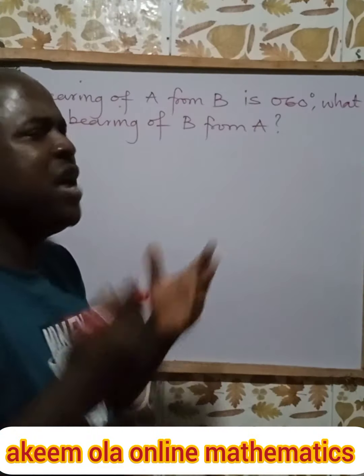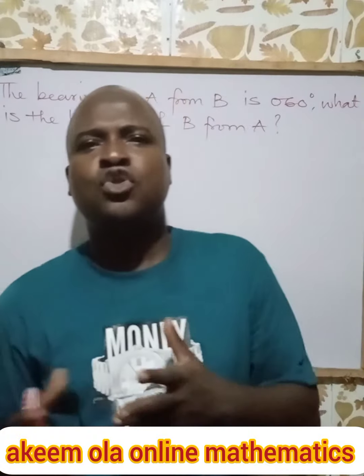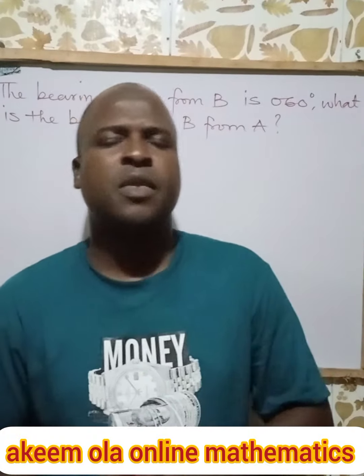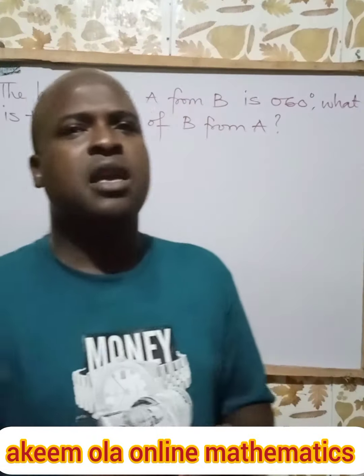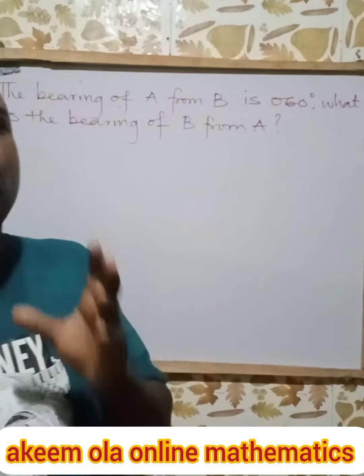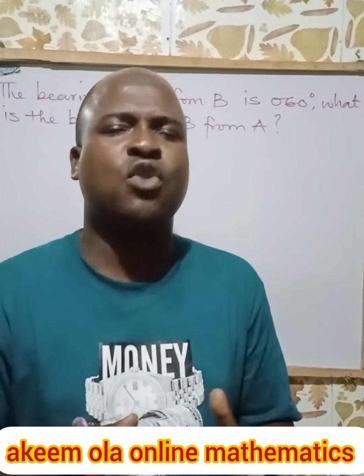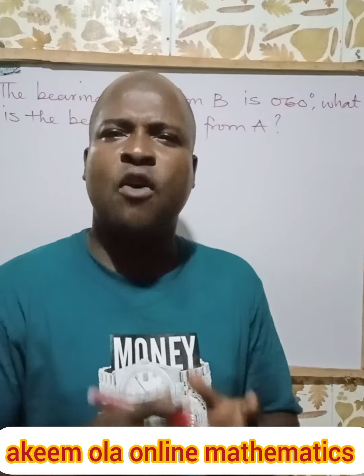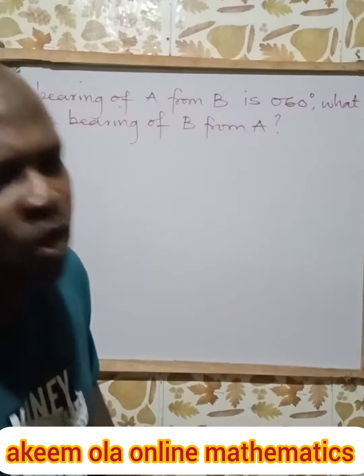Now, bearing can involve two or more bodies. But if you look at the question we have on the board now, it is a bearing that involves two bodies. When you are solving questions on bearing and distance, cardinal points matter a lot.